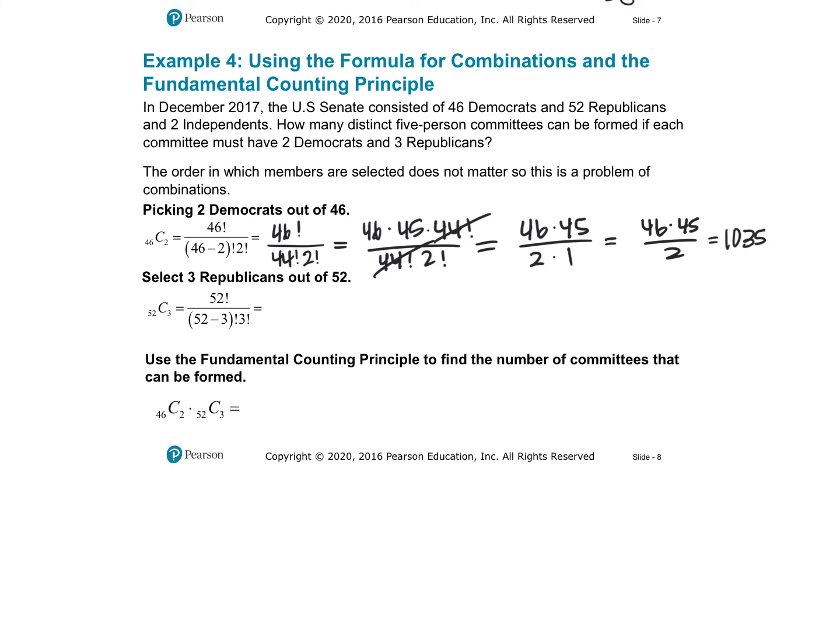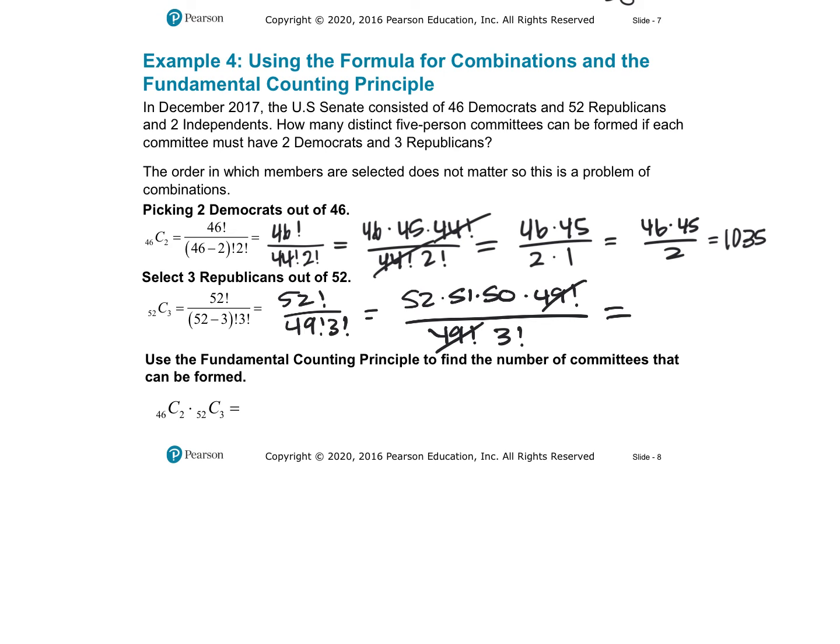All right, you do the same for the Republicans. So 3 out of the 52. You'd have 52 factorial over 49 factorial times 3 factorial. So we have 52, 51, 50, 49 factorial, because we want to match the denominator number.